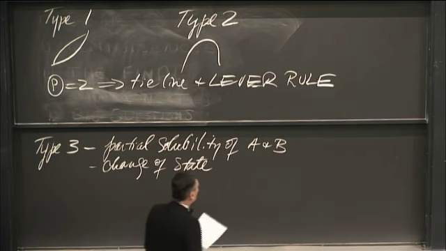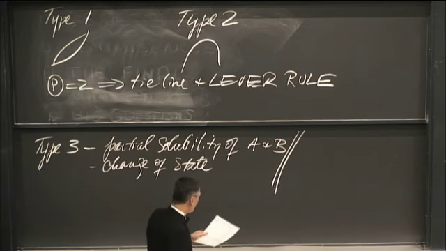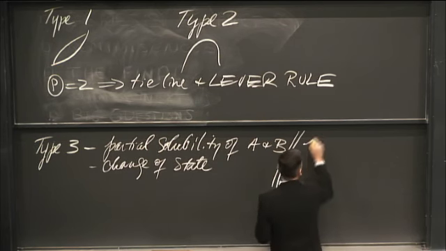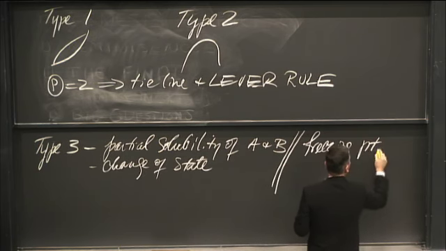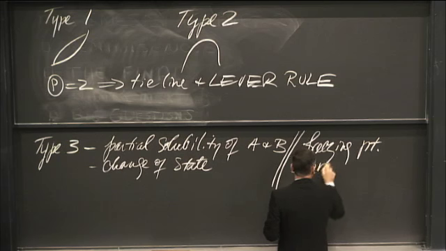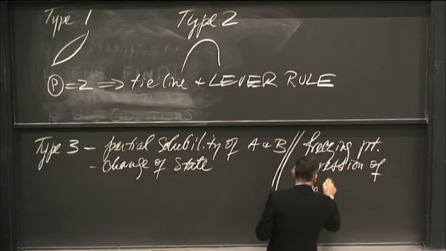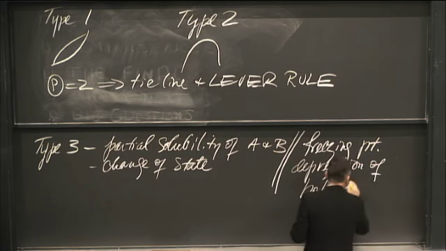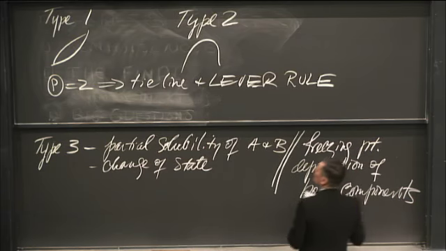And the result of this set of characteristics is freezing point depression of both components. And that's different from the situation in type 1.